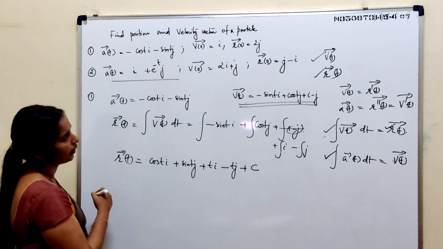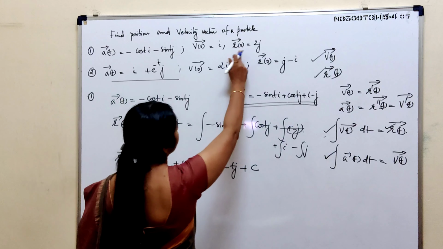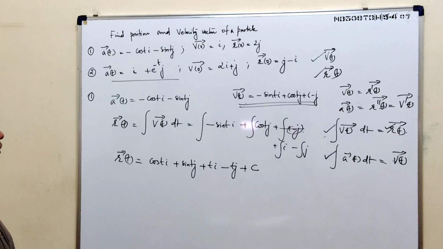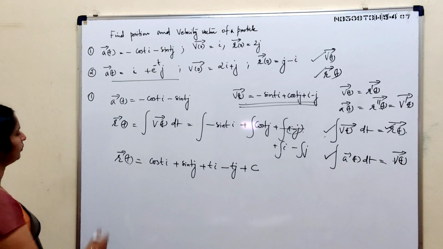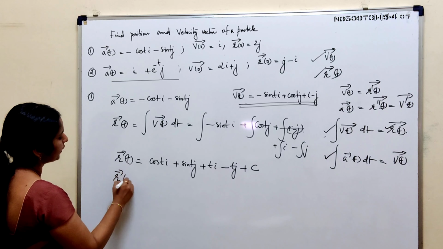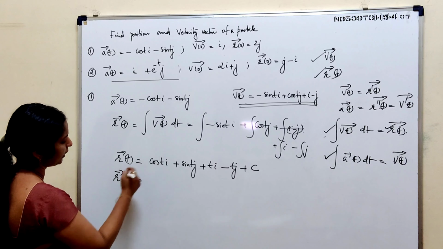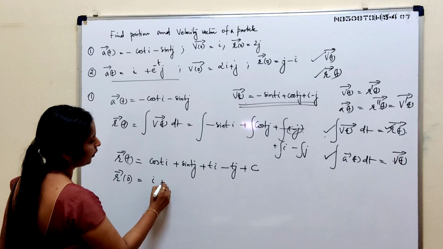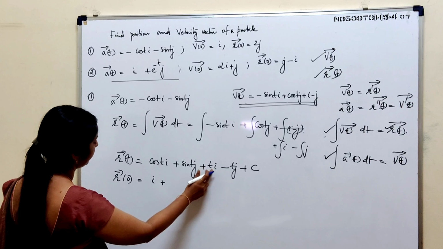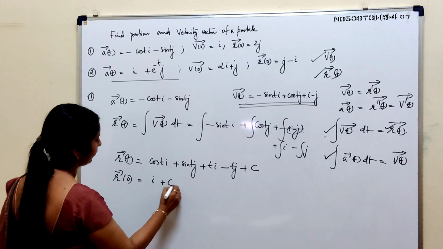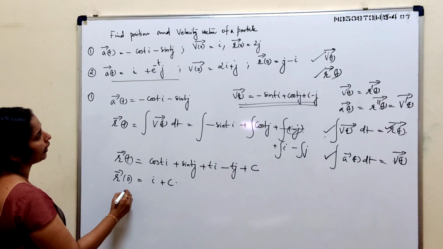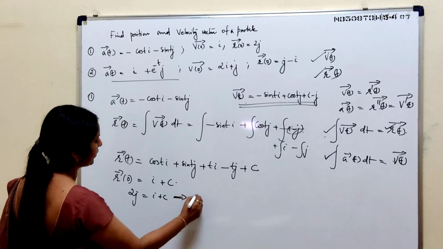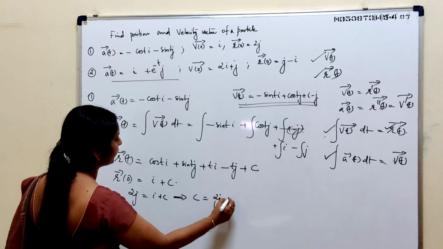For finding c, you have to use r(0) is 2j. So what is r(0) from here? You put t equal to 0, cos 0 is 1, sin 0 is 0, and the t terms are 0, so it is i plus c. Given r(0) as 2j, so 2j equals i plus c, which implies c is equal to 2j minus i.